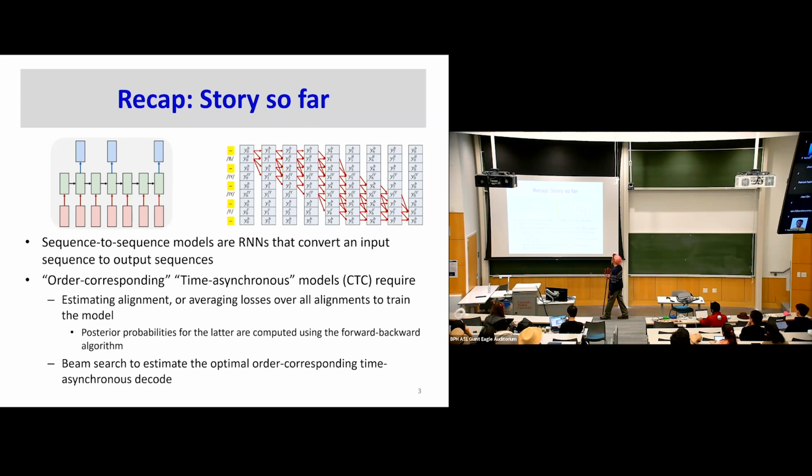For these models, we use the CTC framework where, for training, we try to estimate the alignment of the output tokens to the input. And during decoding, we use a beam search to estimate the optimal order-corresponding time-asynchronous decode. So all of this you must be familiar with.